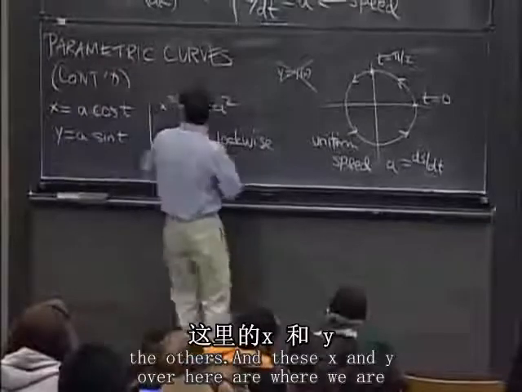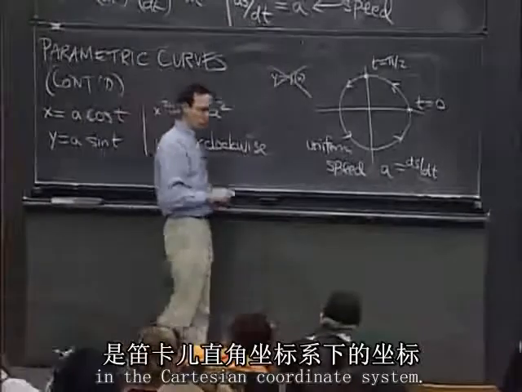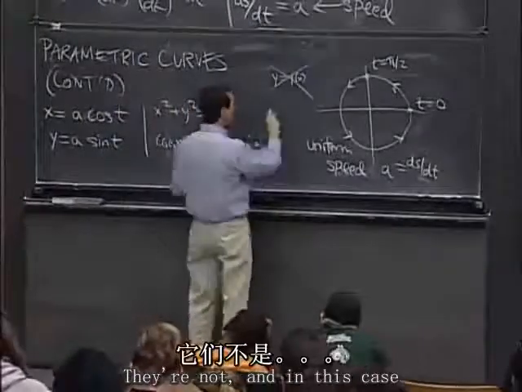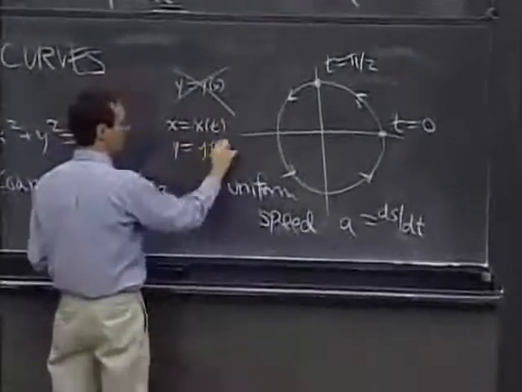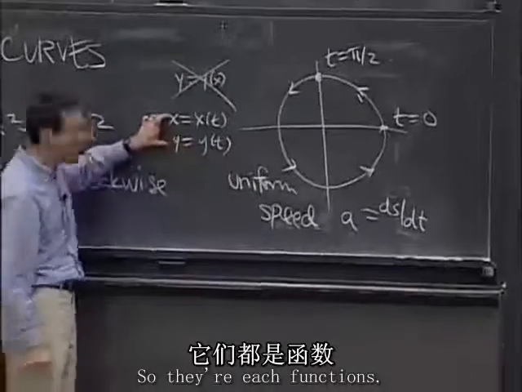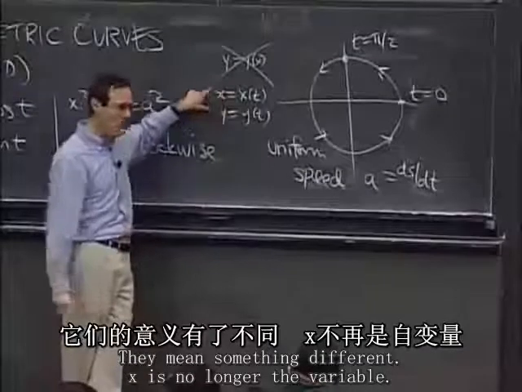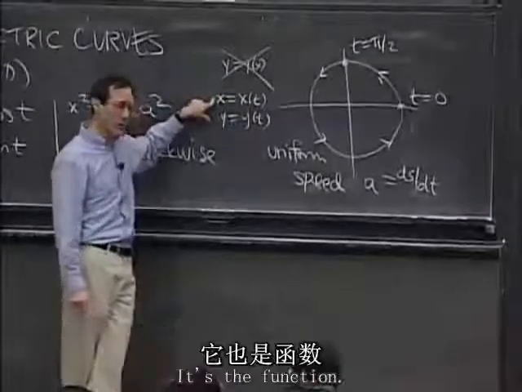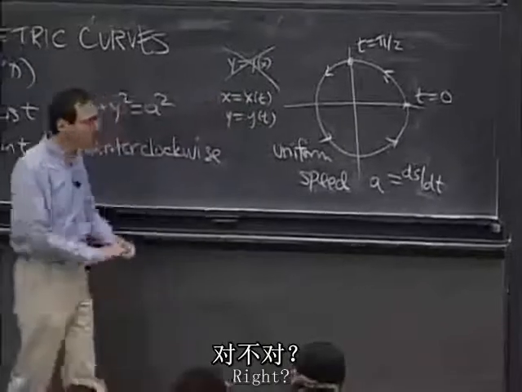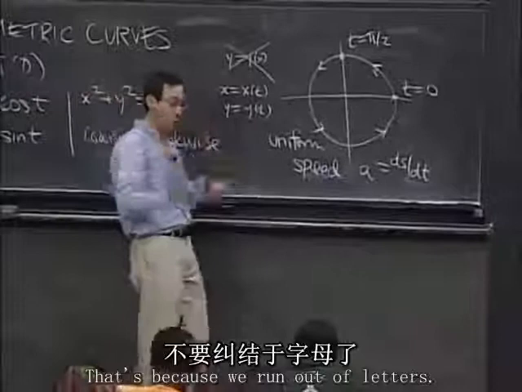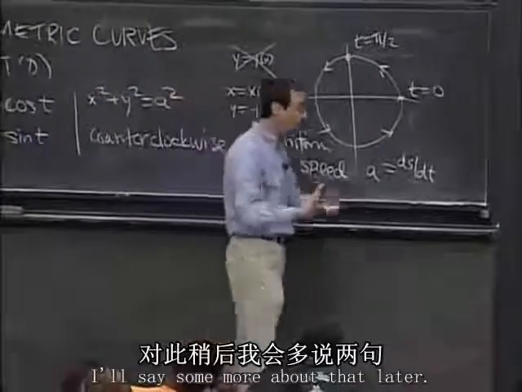These x and y over here are where we are in the Cartesian coordinate system, and in this case, they're functions of some other variable. So each is a function. The letters x and y just changed on you. They mean something different. x is no longer the variable. It's the function. You're going to have to get used to that. That's because we run out of letters, and we want to use all of them. I'll say some more about that later.